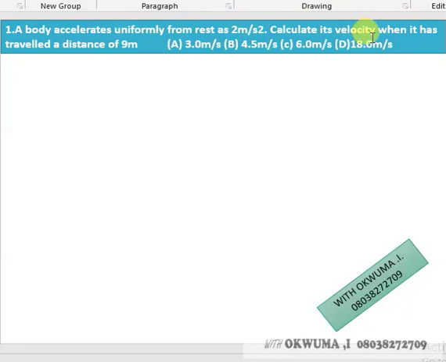Calculate its velocity when it has traveled a distance of 9 meters. Now, how do we go about this?